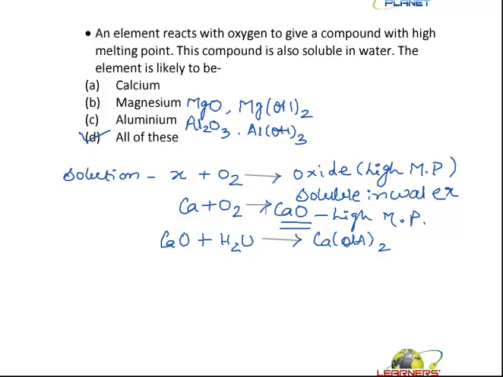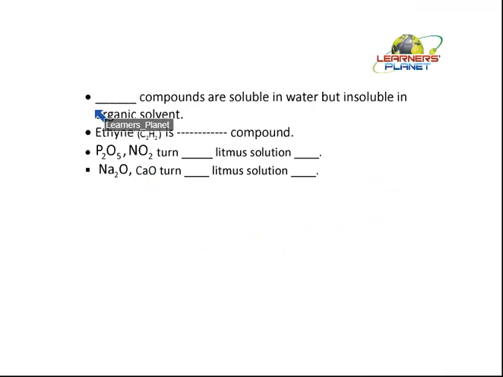Now let's take up our next question here. Here we have got 4 questions in line. These are fill in the blanks. Dash compounds are soluble in water but insoluble in organic solvents. So students, what type of compounds are soluble in water? Just keep in mind that what is soluble in water is salt.